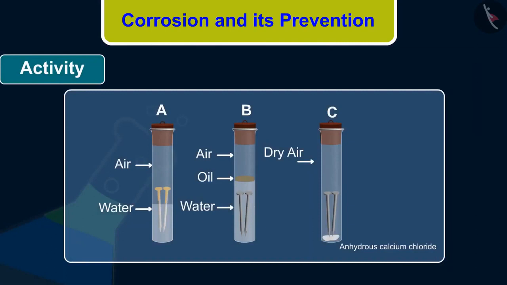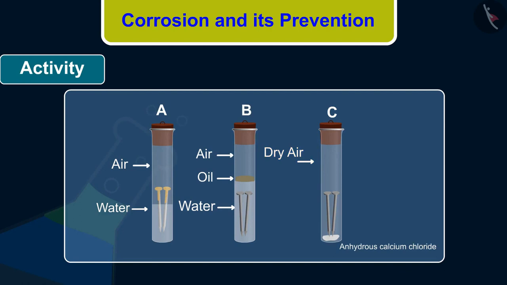You will observe that iron nails rust in test tube A, but they do not rust in test tubes B and C. In the test tube A, the nails are exposed to both air and water. In the test tube B, the nails are exposed to only water. And the nails in test tube C are exposed to dry air.